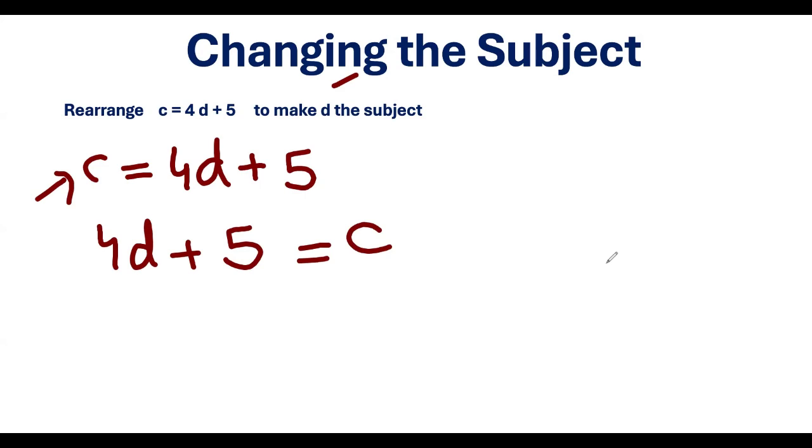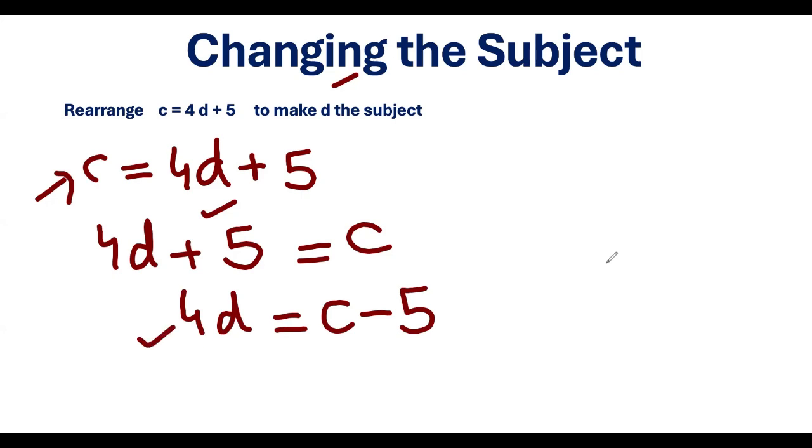For D to be the subject, this plus 5 is extra here. Plus 5, you have to remove. So plus 5 is now on the right-hand side and it has become minus 5, because it is shifted to the right-hand side.